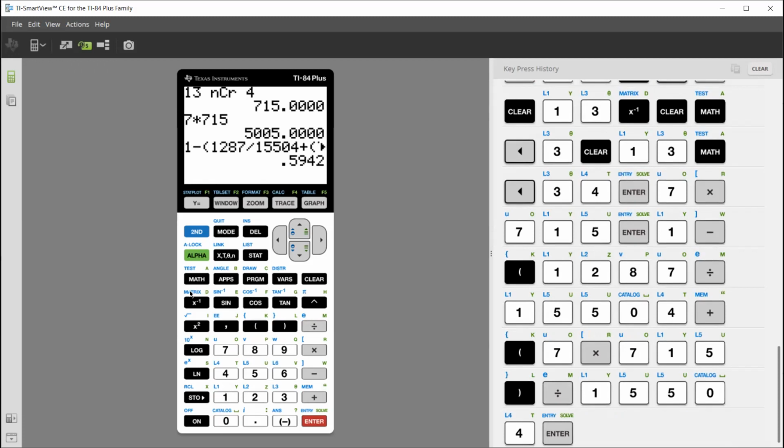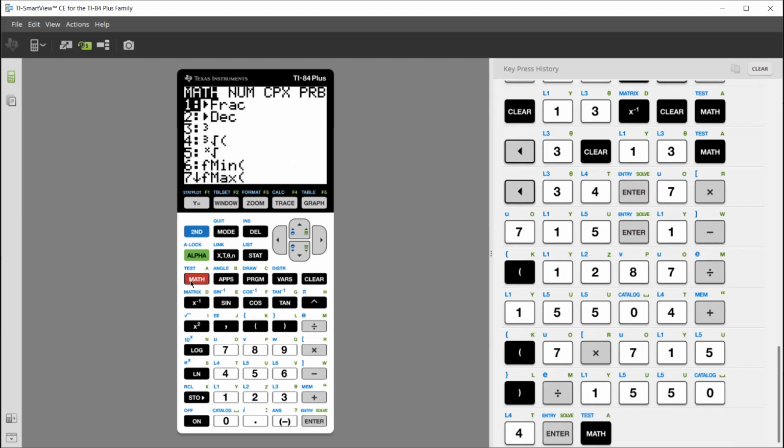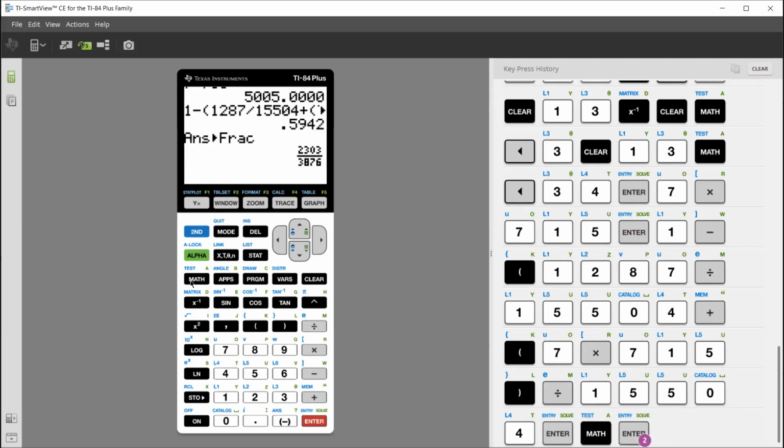And it converted, so it's 2303 over 3876. Generally in a problem like this, if it's a big fraction, you may or may not be asked to convert it, but if you are, that's what it is.